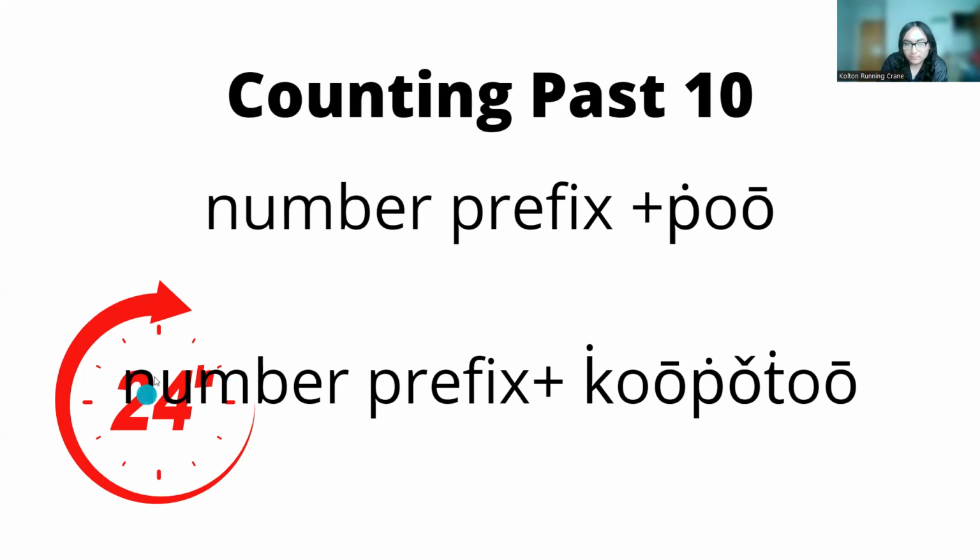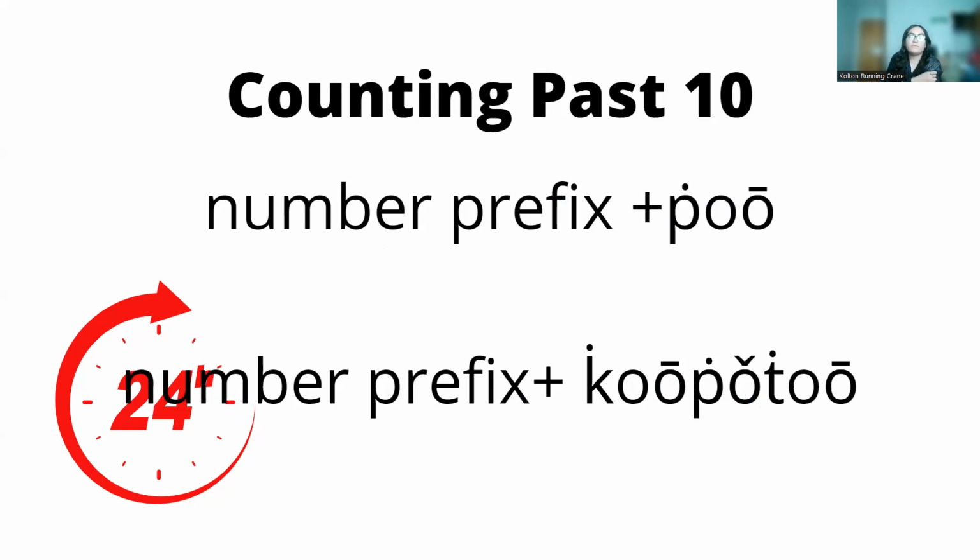For the first part of a number, say 24, you take the number prefix, which would be 2, and then bu, which makes it 20. For the second part, you take the number prefix, which would be 4, and then you add gupatu, which, as we learned, means more than.